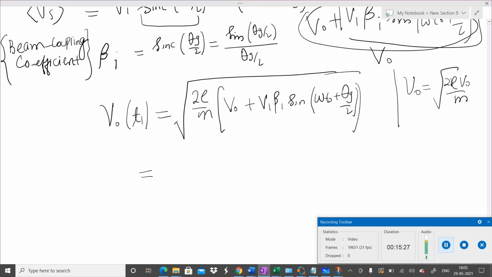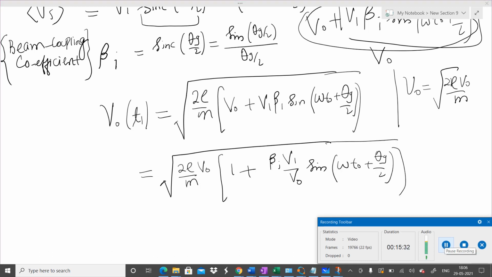By taking v naught out, I can express it quite simply. Now this term beta I v1 by v naught is multiplied with the sinusoidal part. So it is related to the modulation in some sense.